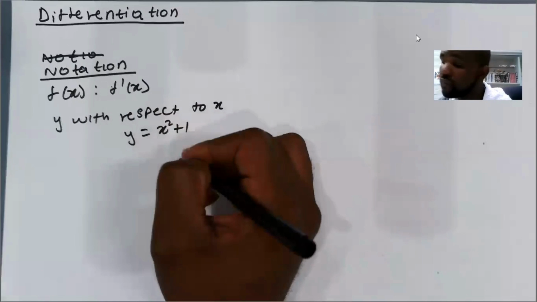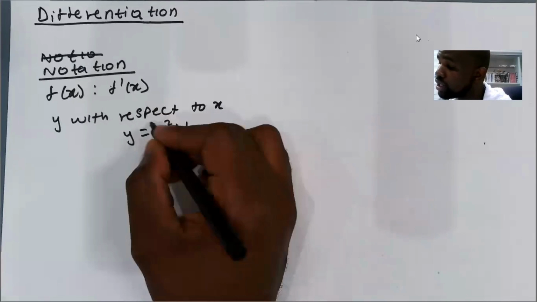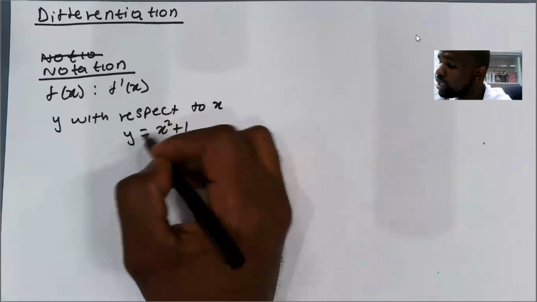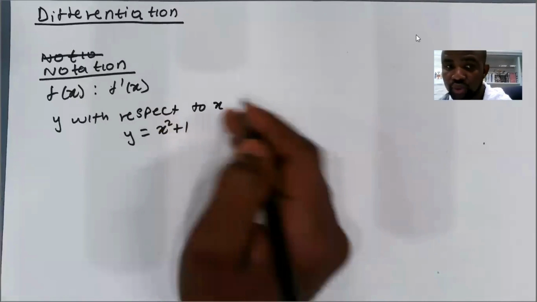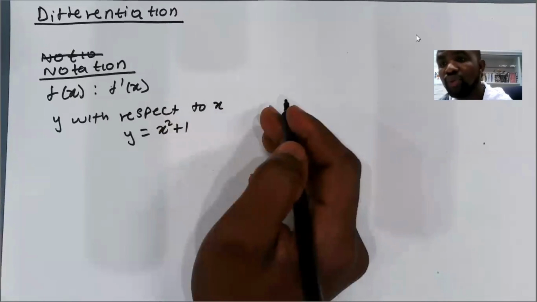Then y equals whatever expression we have on the other side, x.